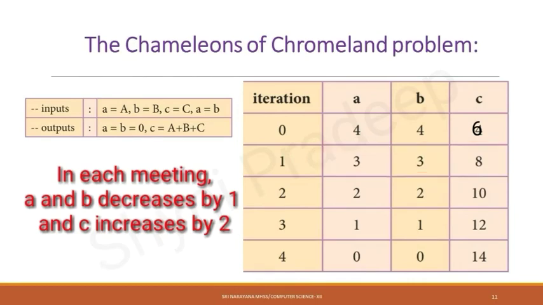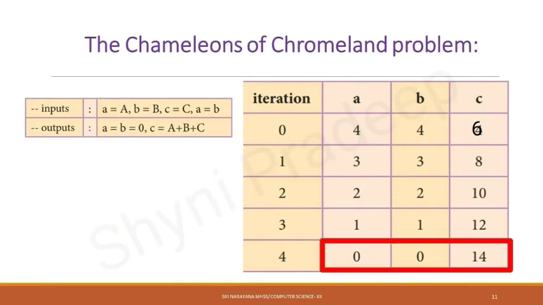In the next iteration, iteration 2, do the same procedure again. So A becomes 2, B becomes 2 and C becomes 10. In the third iteration, A becomes 1, B becomes 1 and C becomes 12. And in the last iteration, that is the fourth iteration, A becomes 0, B becomes 0 and C becomes 14.